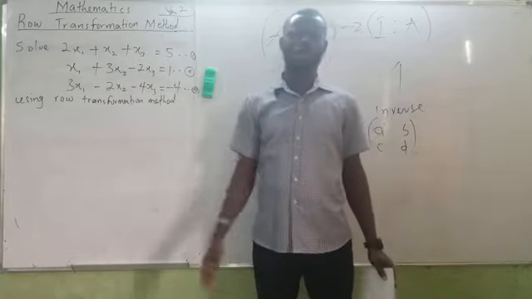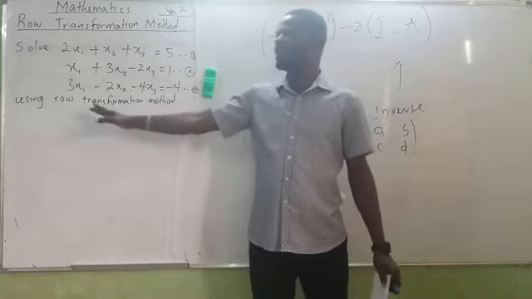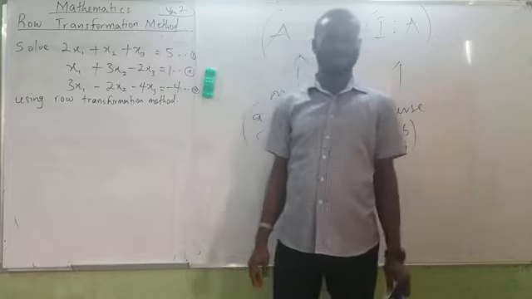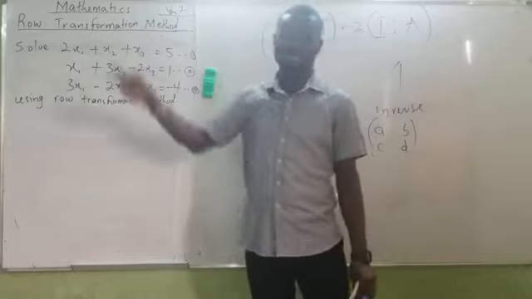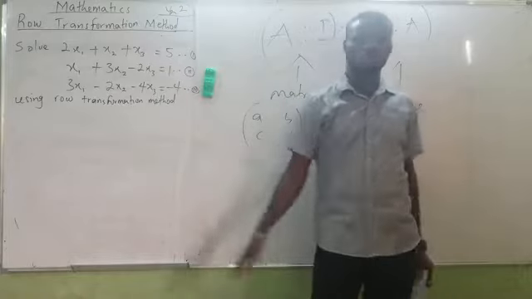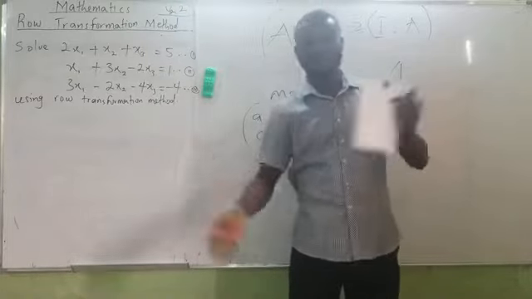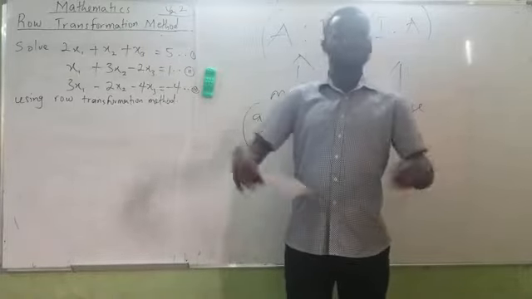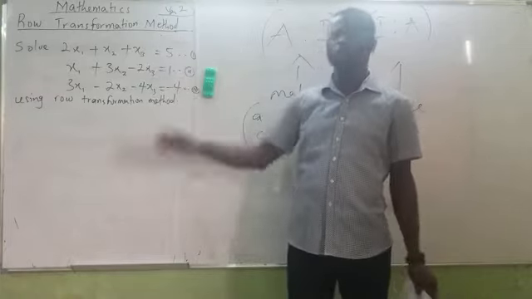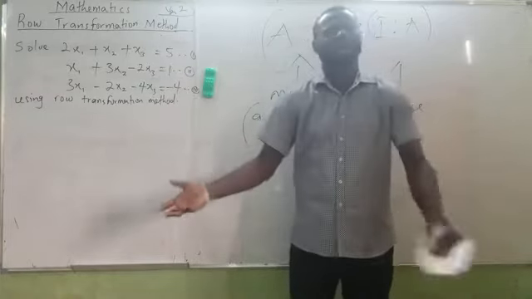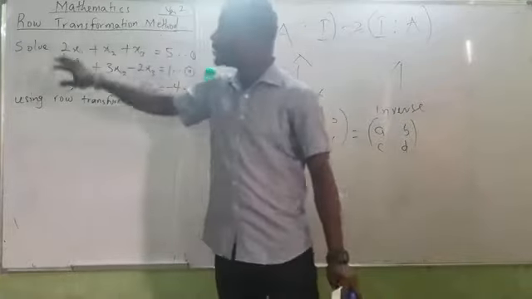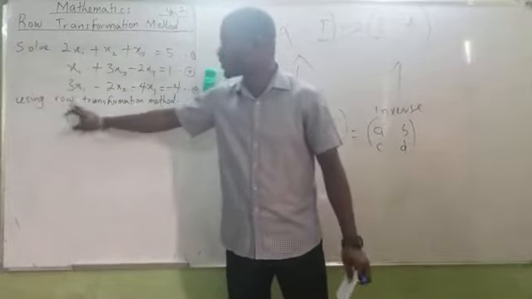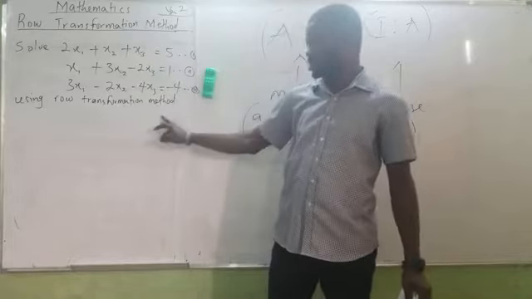We can use Gaussian elimination method, which I think should be a nice video after this, where I have to explain something on Gaussian. It's just like row reduction and so on. We have many methods of solving, but this particular question is specific on the row transformation method.